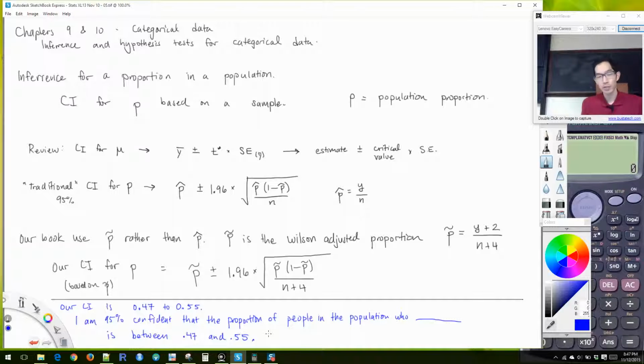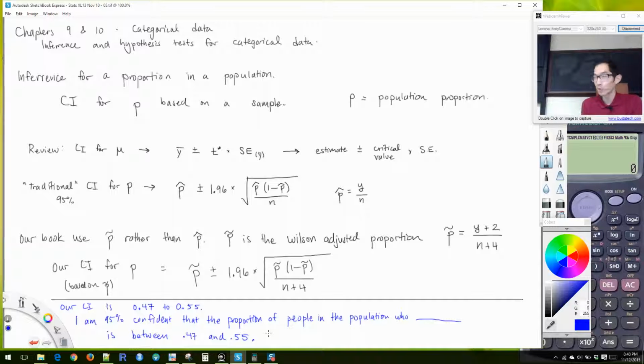If I asked, what if this was a confidence interval for people who are going to vote yes on proposition XYZ? Do we have evidence that proposition XYZ will pass? No. Why not? Let's say we took a random survey and asked, are you going to vote yes for proposition XYZ?